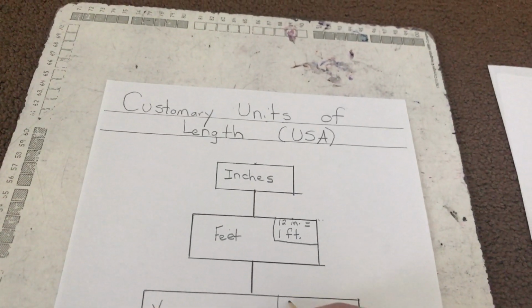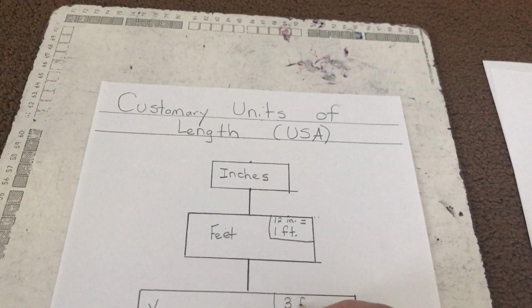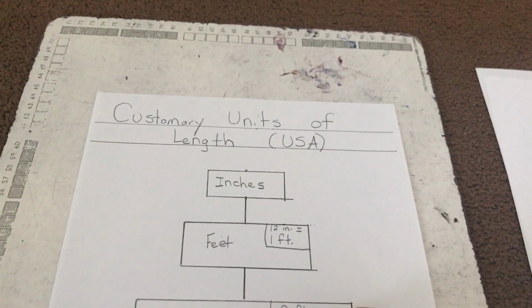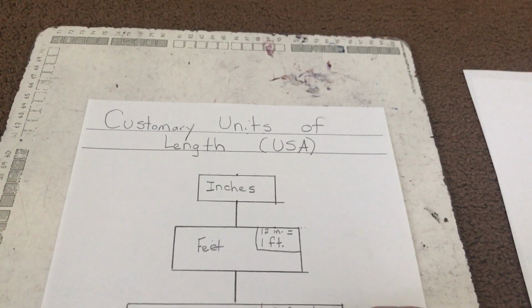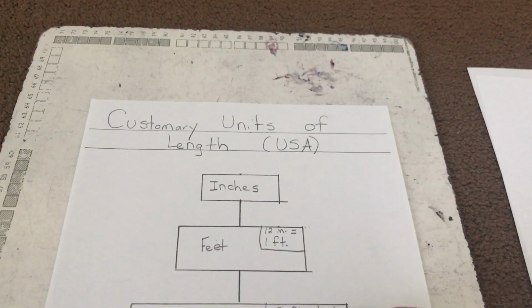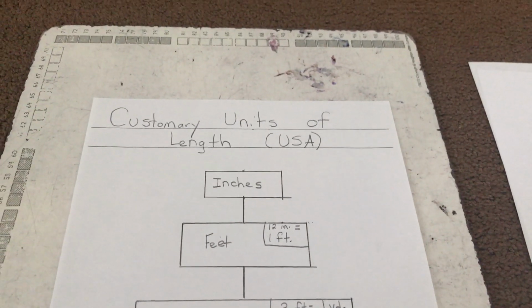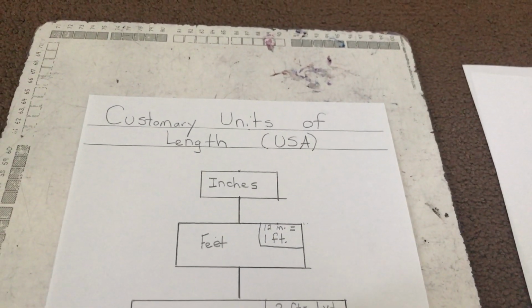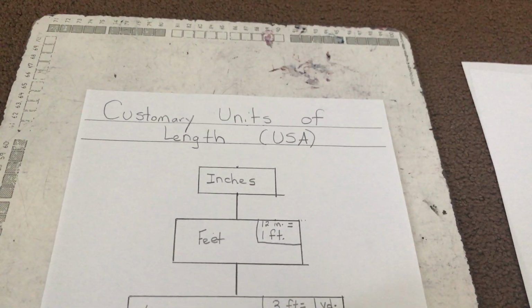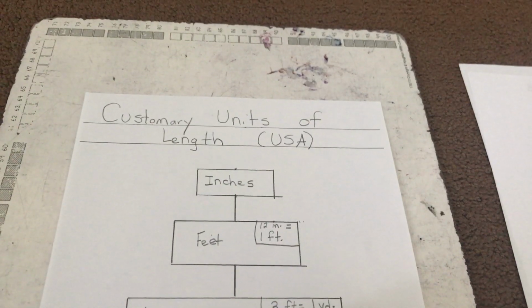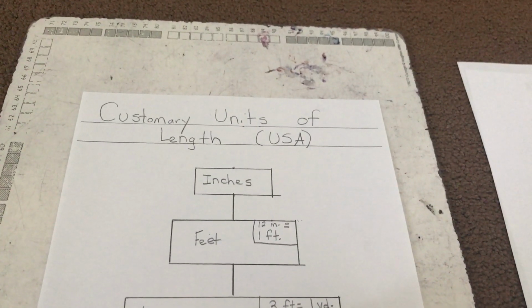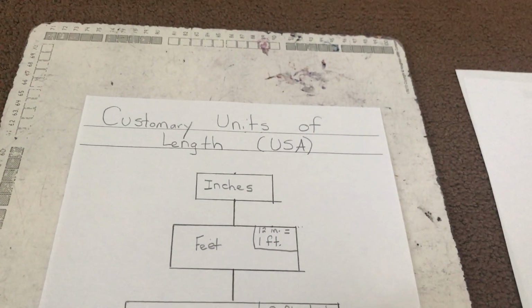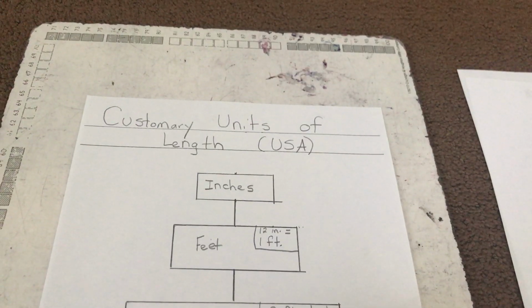And you're going to first put 3 FT equals 1 YD for yard. And then you're going to put 36 IN equals 1 YD, 1 yard.